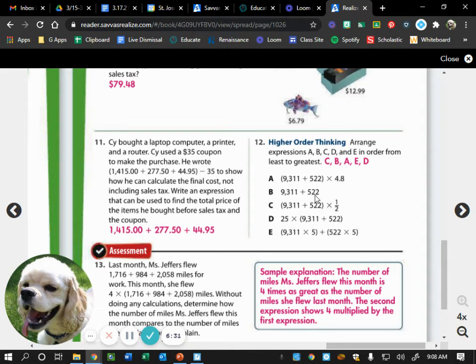Our middle one, third smallest, would be A, because we are multiplying it by 4 and 8/10. Then we would have E, because we are taking 9,311 plus 50 times 5, and then adding that to 522 times 5. So we're multiplying it by 5, essentially. Then our largest one is D, because we're taking 9,311 plus 52, and we're multiplying it by 25.